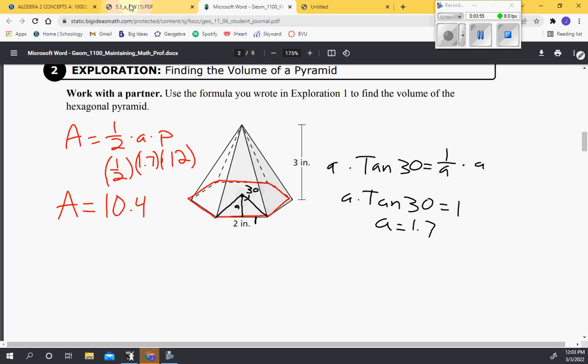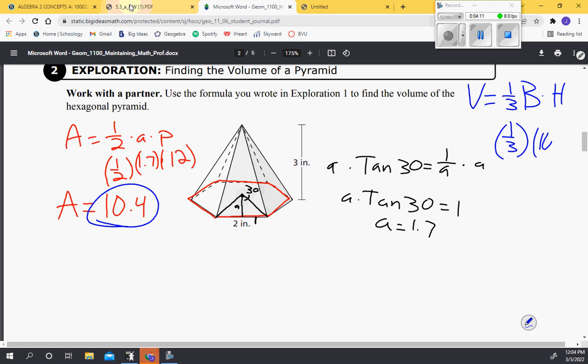We need to find the volume of this entire pyramid, which is 1/3 base times height. Base is 10.4. So we have 1/3 times 10.4 times our height, 3. If I type that into a calculator, I know that 1/3 and 3 cancel out.